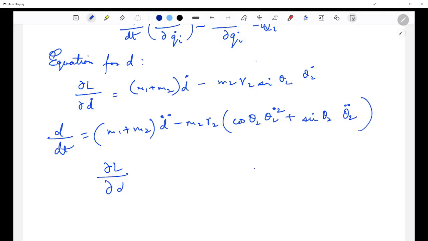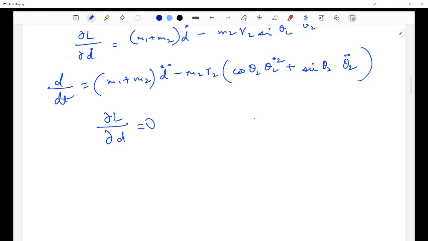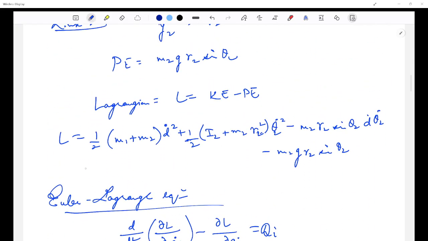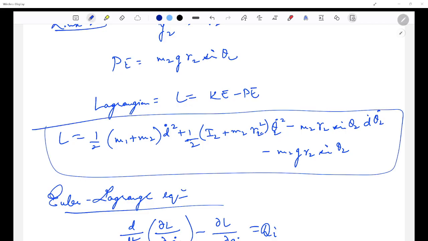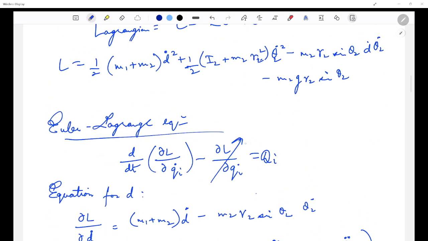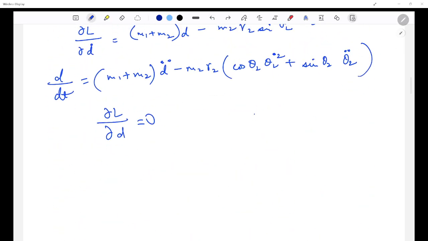And ∂L/∂d is equal to 0, right? Because we do not have any term related to just d here. We don't have it in this complete equation. So this term is directly 0 when qi is d, not for the other case.